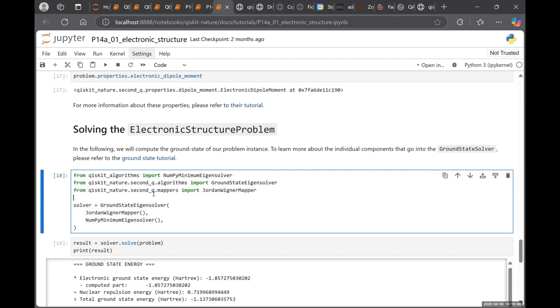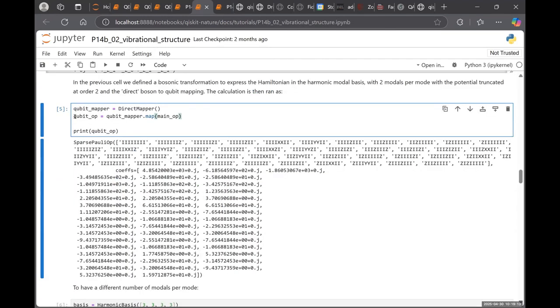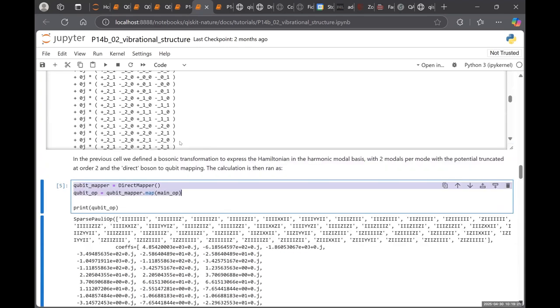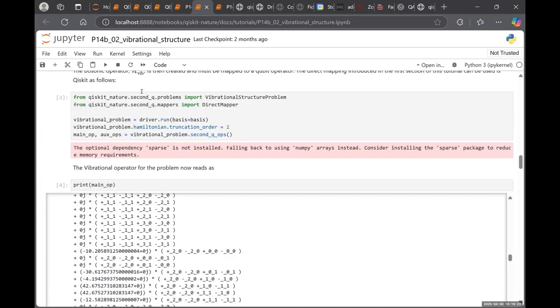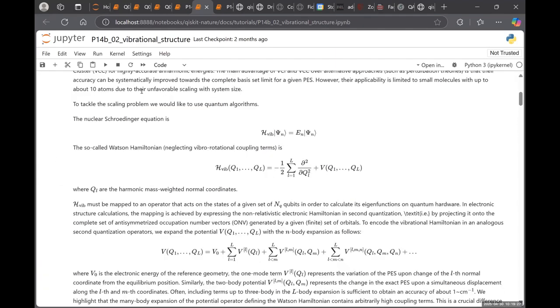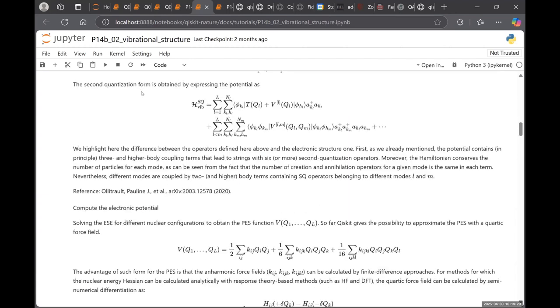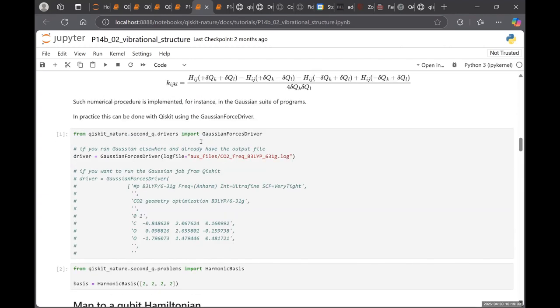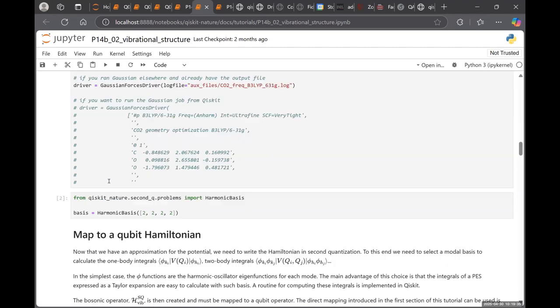It's embedded in the software. Right here, you are using this. You could probably use this direct mapper, but we probably need to have it imported somewhere. Here is the map.